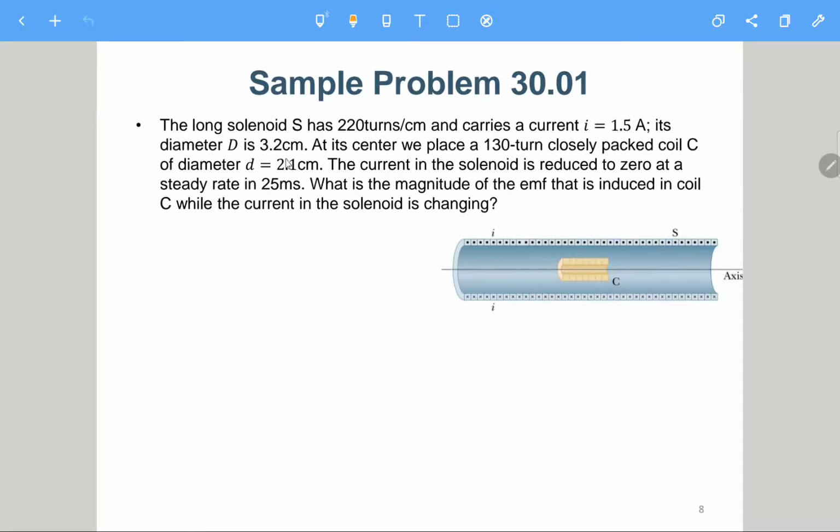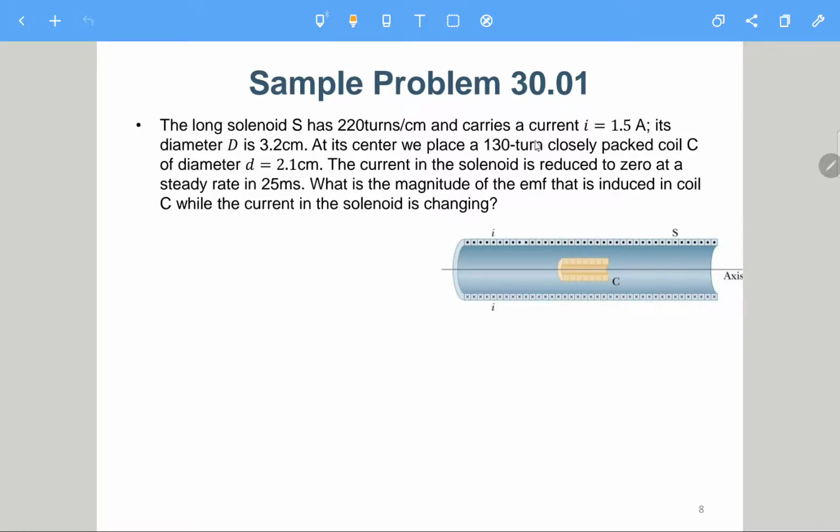Of course, you can see it is a bit smaller. The current in the solenoid is reduced to 0 at a steady rate in 25 milliseconds. What is the magnitude of the EMF that is induced in the coil C while the current in the solenoid is changing?